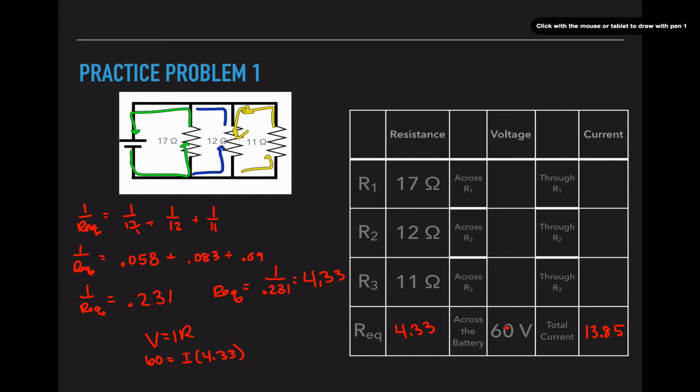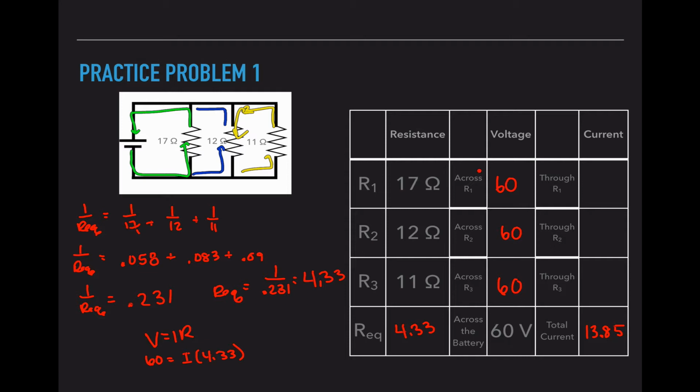So since I picked up 60 volts of energy at the battery, and I only travel through one resistor at a time, I must drop all 60 volts at that one resistor. So the electrons going through the green line drop off all 60 volts at the first resistor, the blue line drops off all 60 volts at the second, and the yellow line all 60 volts at the third.